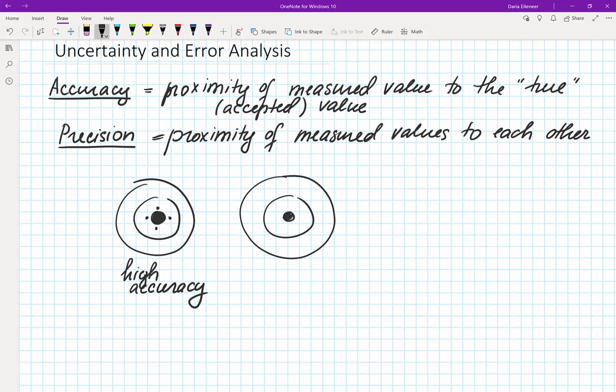So again, I'm aiming at the bullseye. This time I'm going to hit the target like this. So this is the situation where the values are really close to each other, but not close to the desired value. So I would say that this is high precision, but low accuracy.